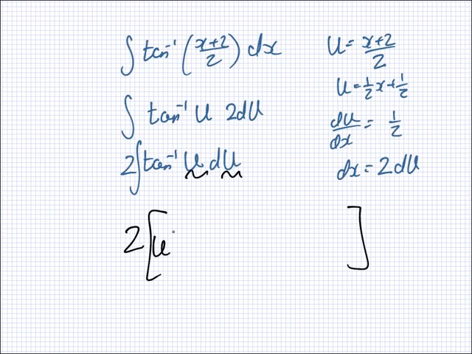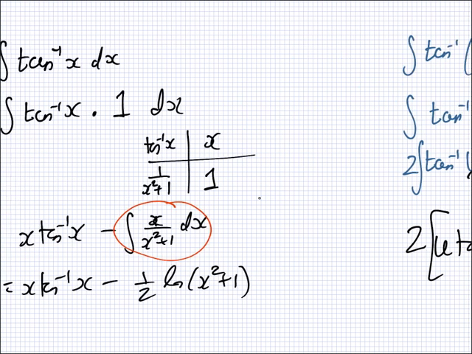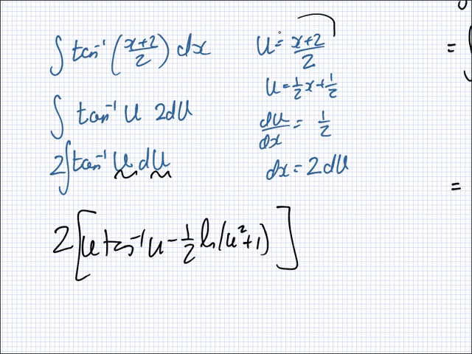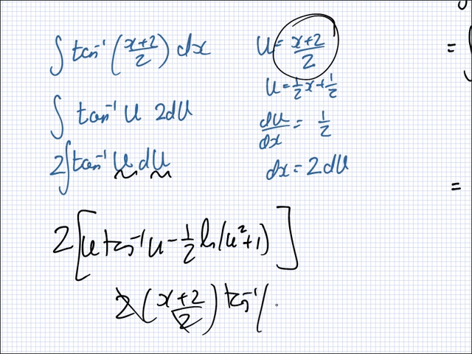So that's u tan inverse u minus a half log u squared plus 1. But u is x plus 2 over 2. So that's 2 x plus 2 over 2. Cancel, cancel. Tan inverse x plus 2 over 2 minus a half log x plus 2 over 2 squared plus 1.